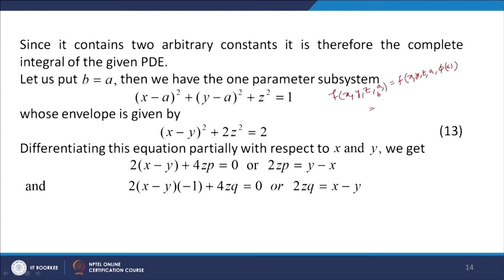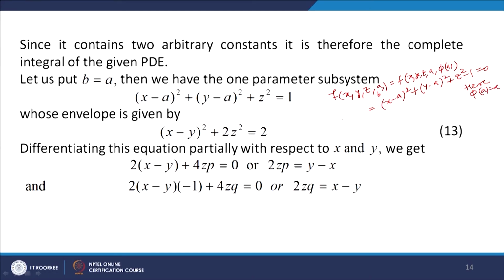This is equal to x minus a whole square plus y minus a whole square plus z square minus 1 equal to 0. Here phi(a) is equal to a.